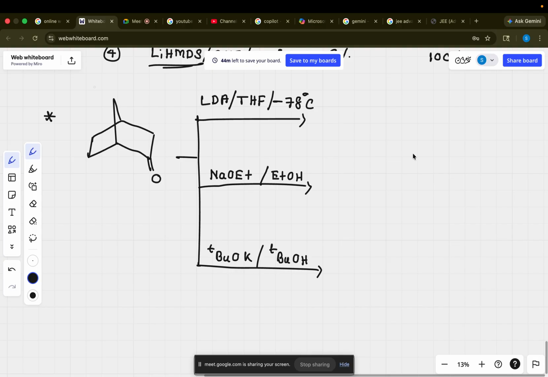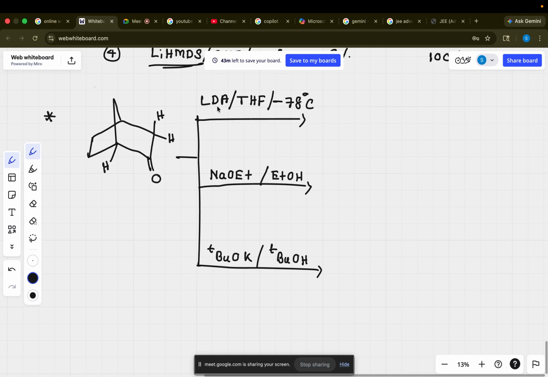If you see here also you have two possibilities. One is this proton, which is acidic, and you also have a proton on this side, so both sides you have protons. This base can abstract the proton from here also. So now check where you are getting the more substituted or less substituted product.